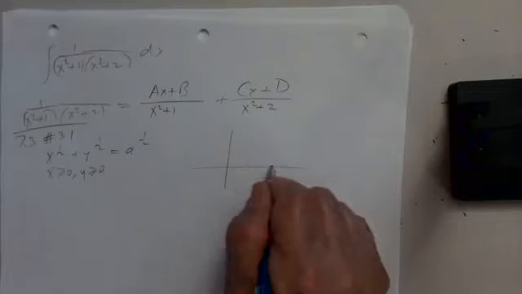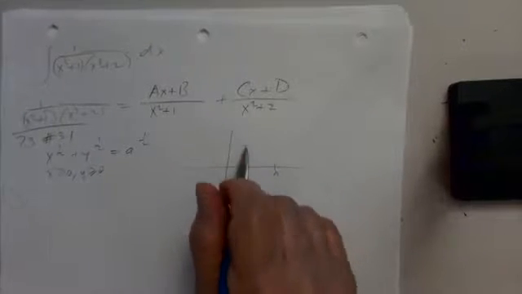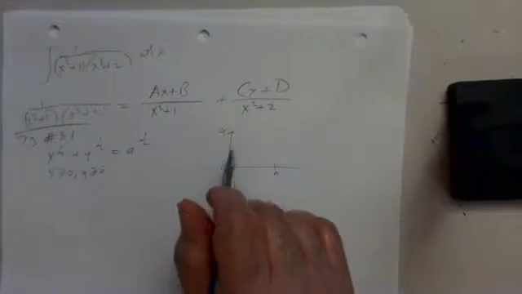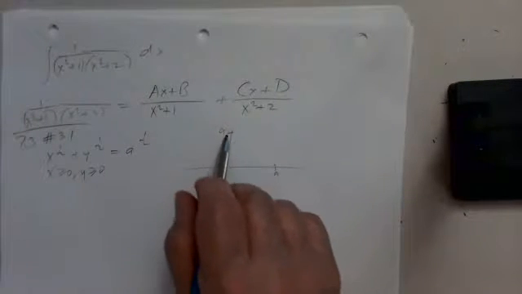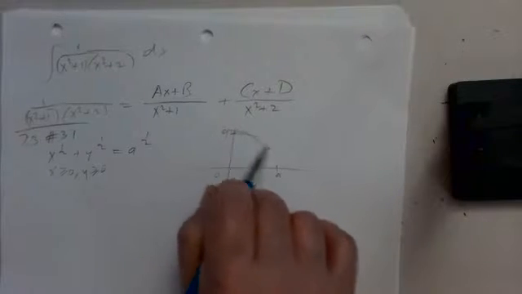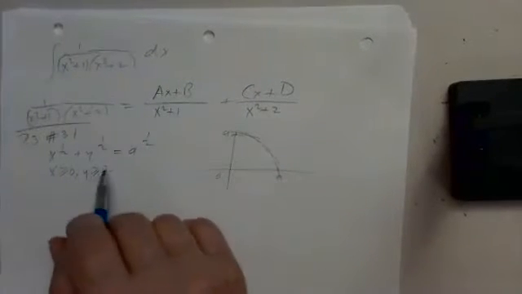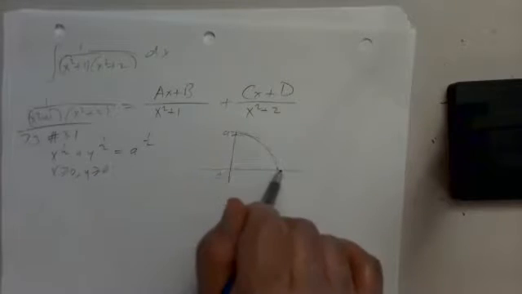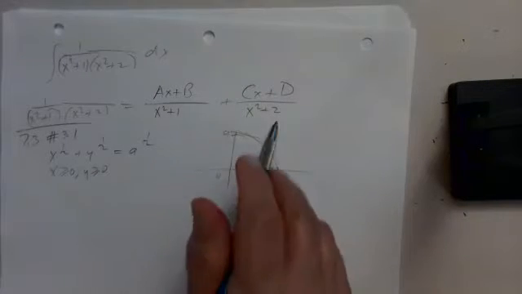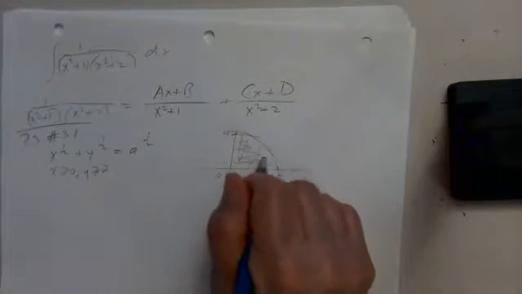You could have x equal a and y equals 0, or y equals a and x equals 0. I don't know exactly what this curve looks like, but it's going to look something like this, because as x goes from 0 to a, y is decreasing from a down to 0. So there's going to be some region like this.